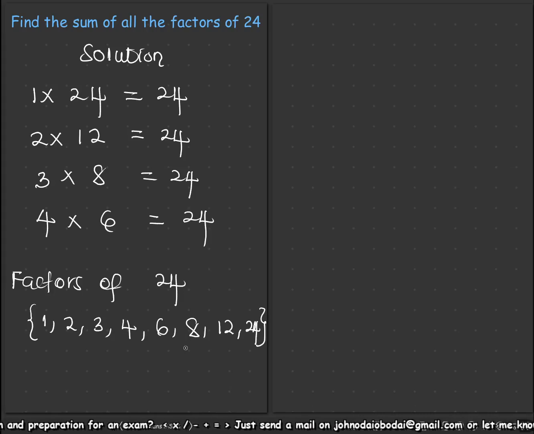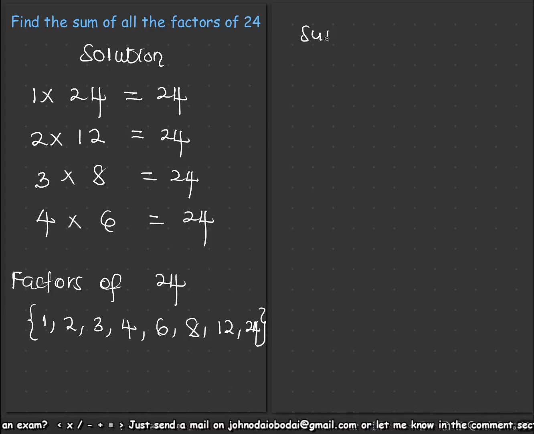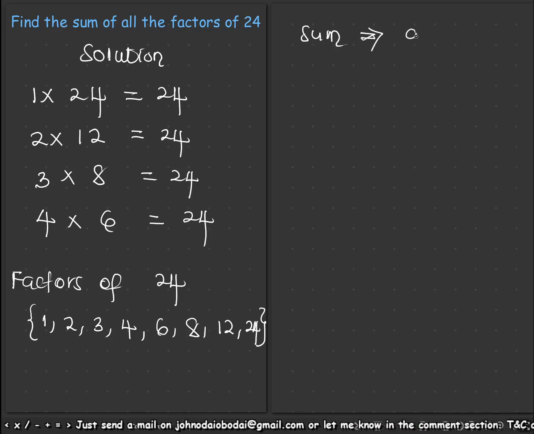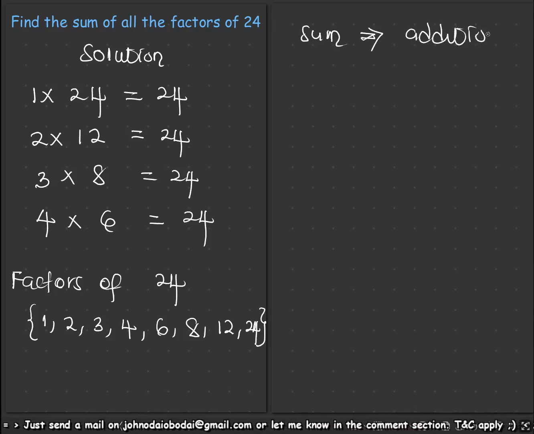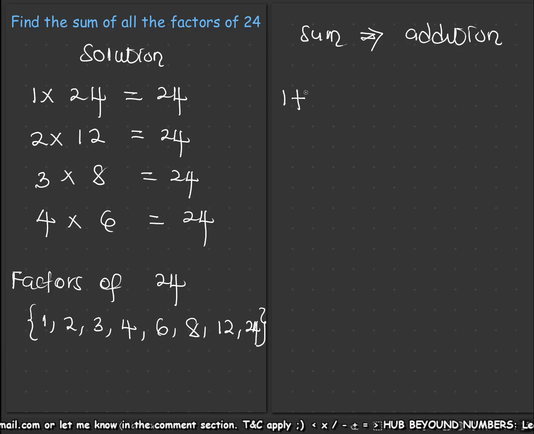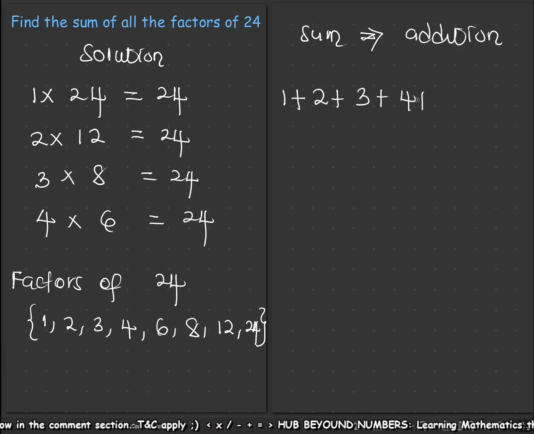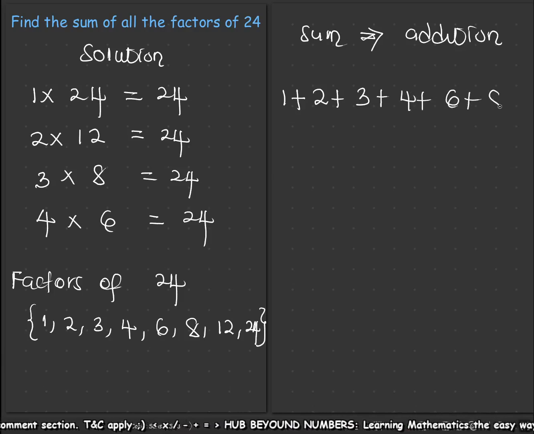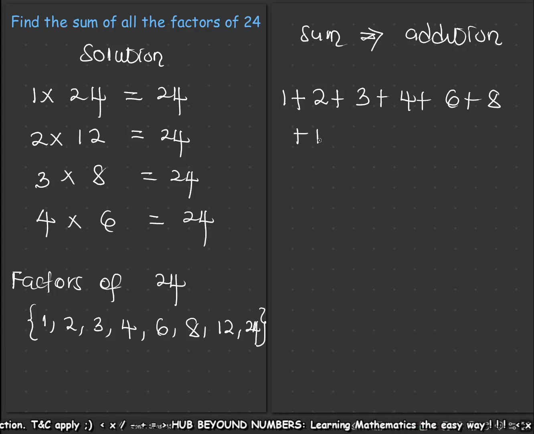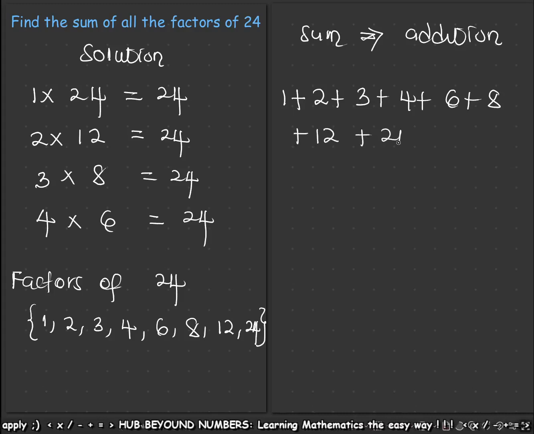So now the sum of all of them, and we know that sum means what? Addition. So if sum means addition, then if you want the sum of all of these, it simply means that we are going to add 1 to 2, and then to 3, and then to 4, and then to 6, to 8, to 12, and to 24.